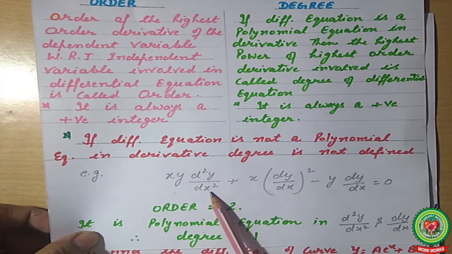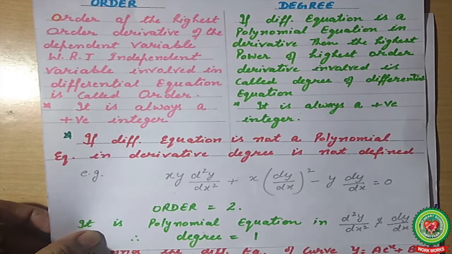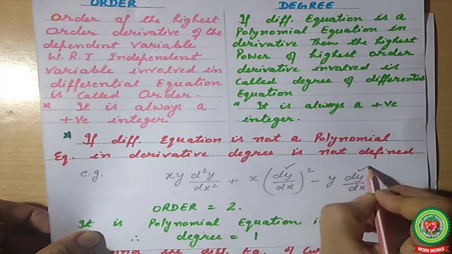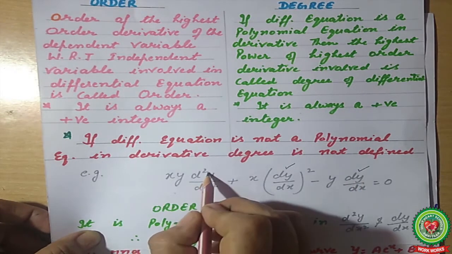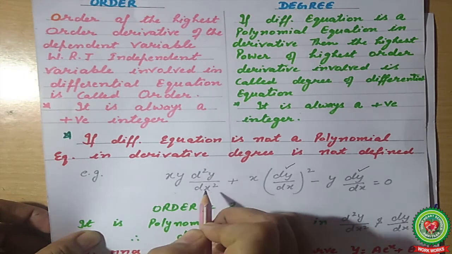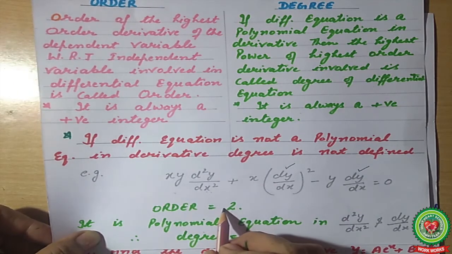We will find the maximum number of times differentiation is done in this equation. This is one time only. But the maximum is d square y upon dx square. It means 2 times, second order. Second order differentiation is here. Therefore order is equal to 2.